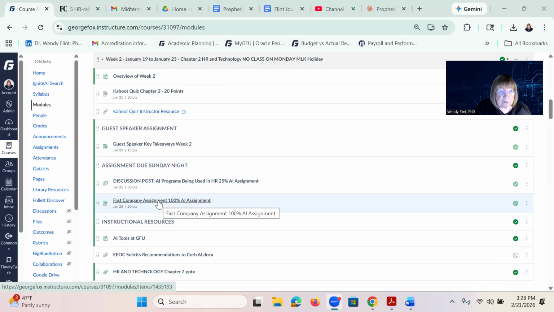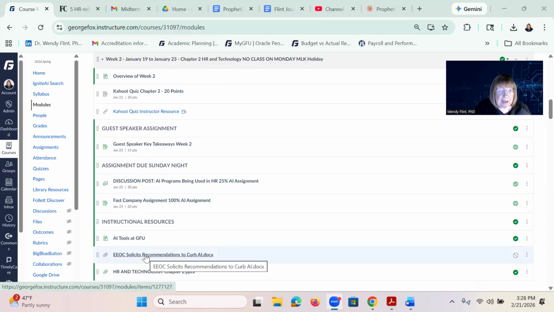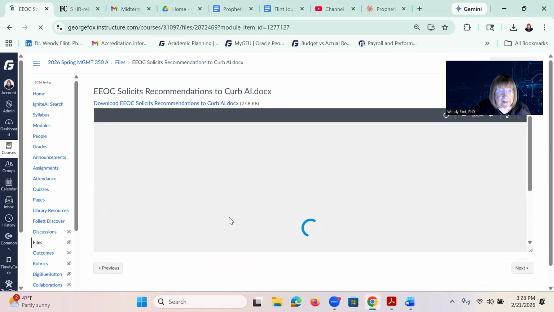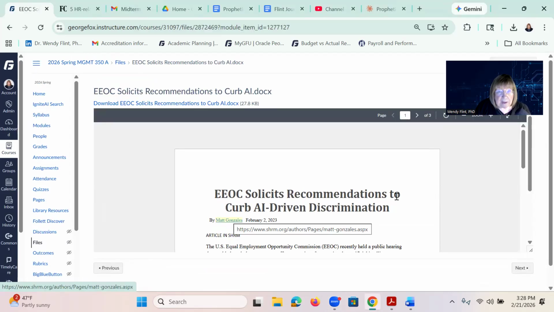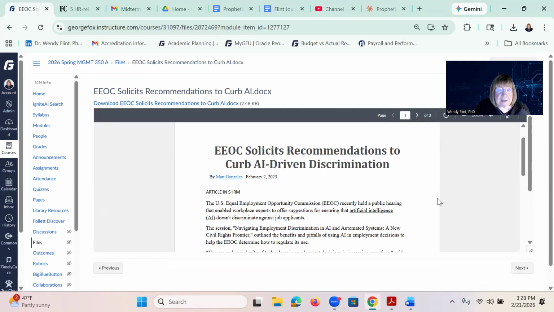Now, before I do that, I did an introduction on the EEOC, and at the same time, we are trying to incorporate ethics and guardrails around the use of AI. So I introduced this research: EEOC solicits recommendations to curb AI-driven discrimination. And this is from SHRM, the Society for HR Management.